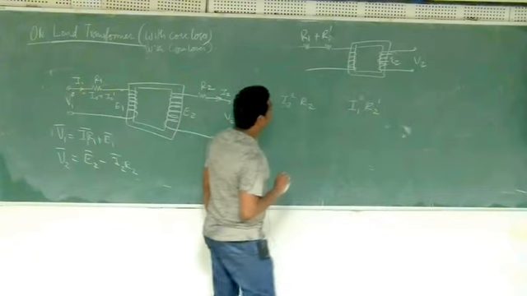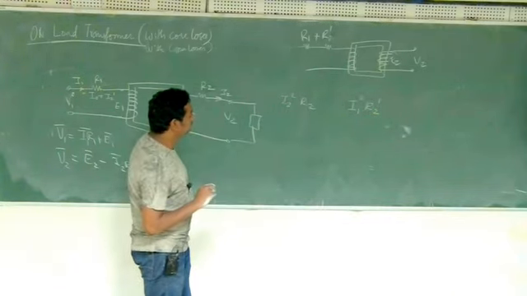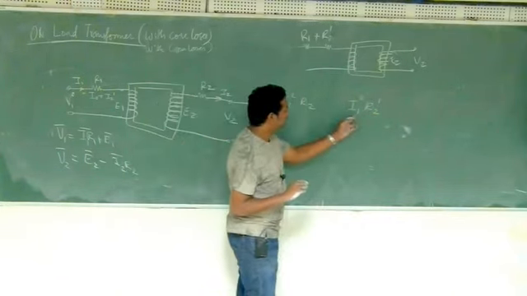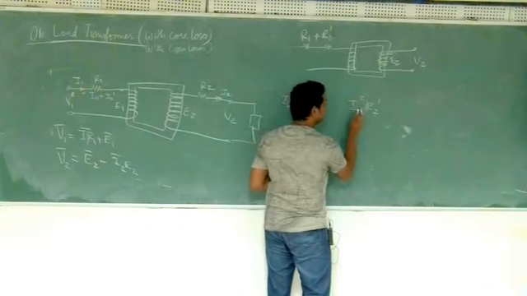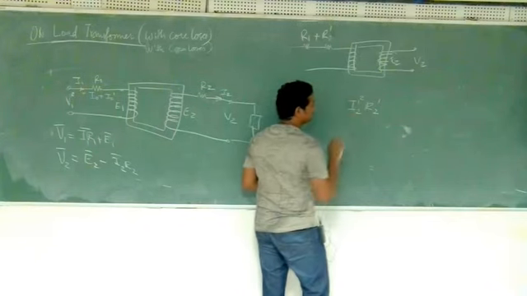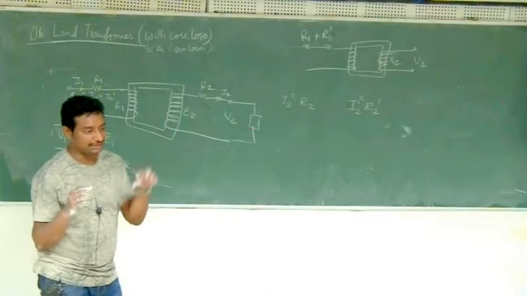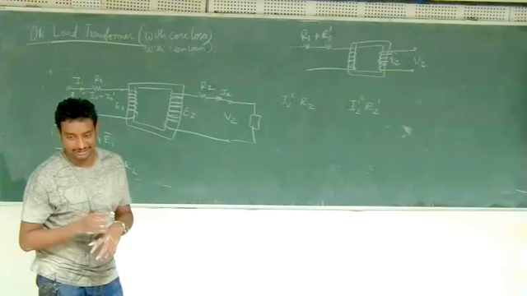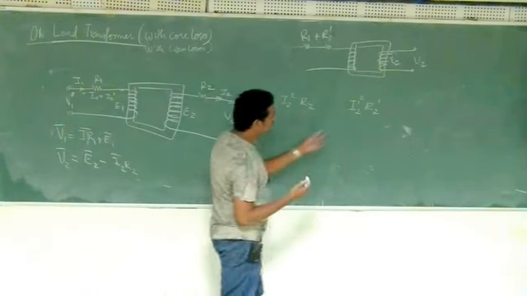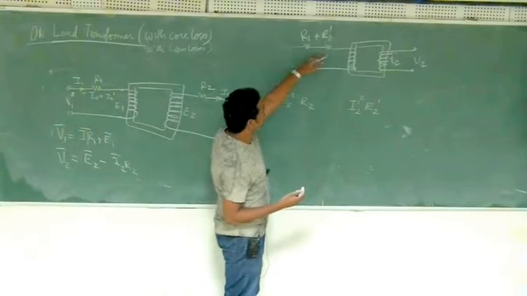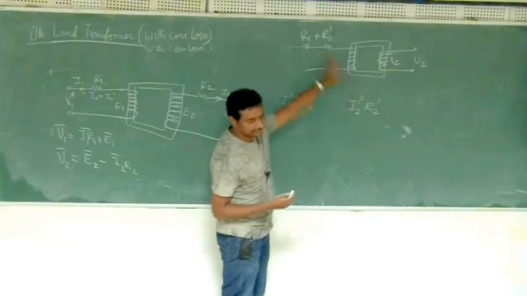And instead of I1 I call it I2 dash. I'm neglecting the contribution of I0 in this, because I0 is typically very small. So I consider only that I2 dash current is flowing here.